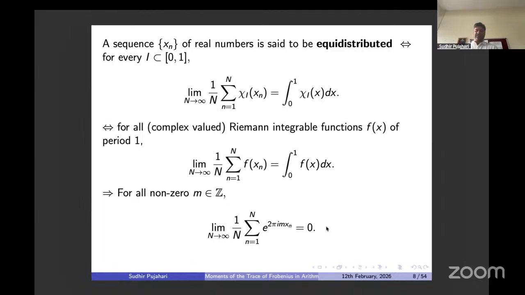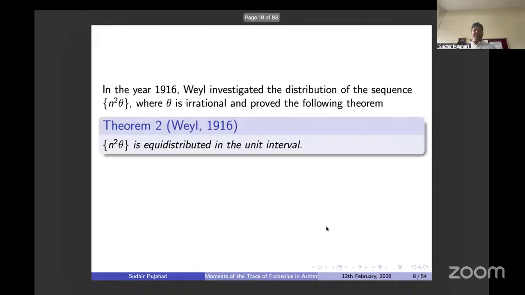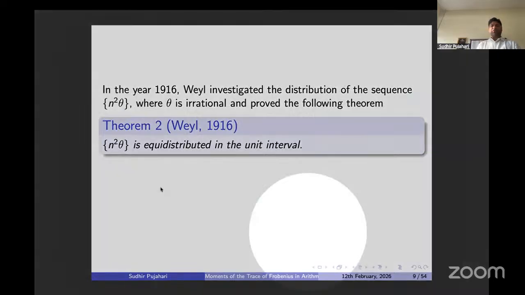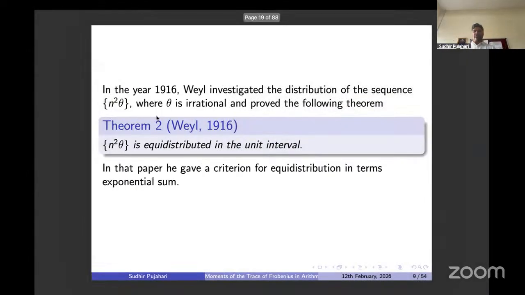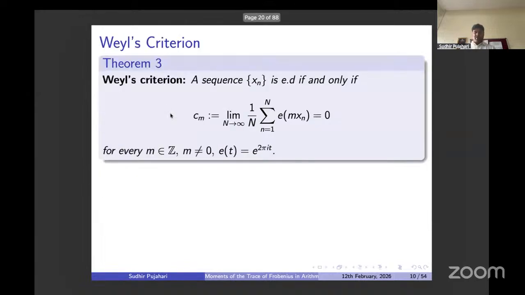is the sequence equidistributed? And this was answered by Hermann Weyl in 1916, where he investigated the sequence n square theta. And in order to prove n square theta is equidistributed, he showed a sufficient condition for equidistribution, what is nowadays known as the Weyl criterion.